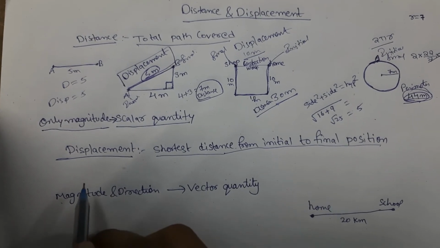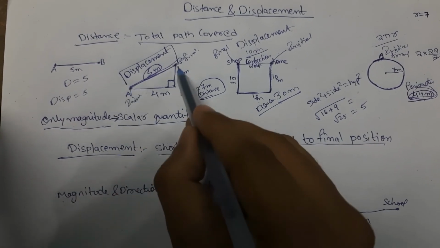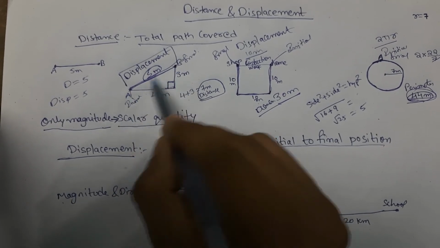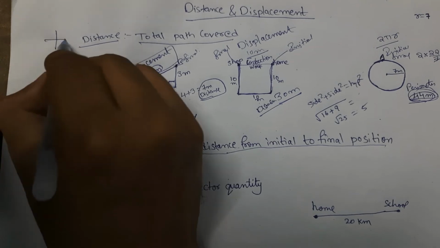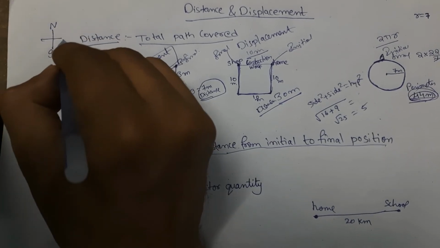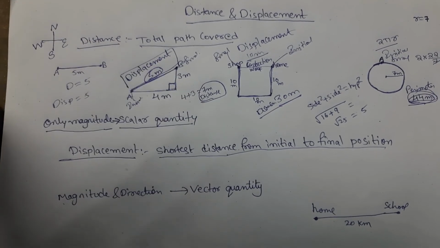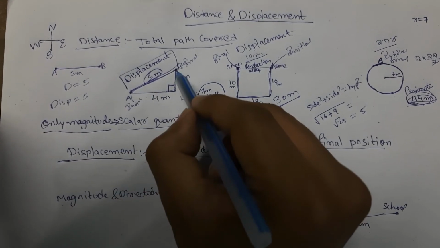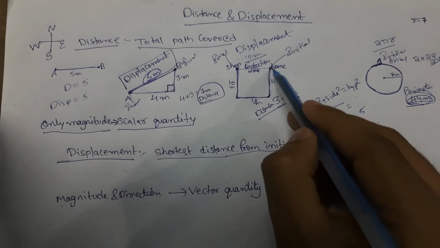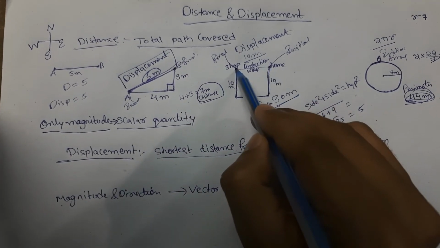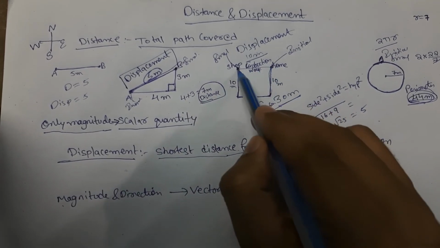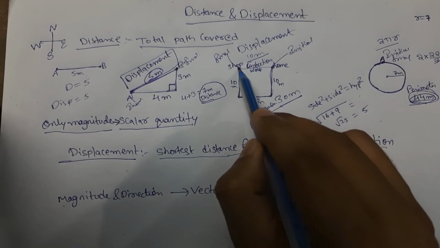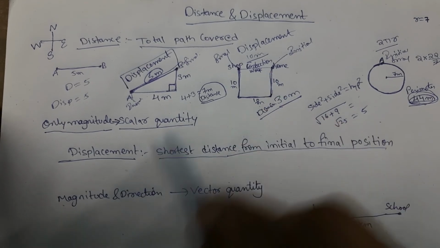Okay. Here, what is your position from your initial position? If you take a map, then in your direction, you are in the northeast direction from your initial position, and here at your final position you are in the east direction from your home.